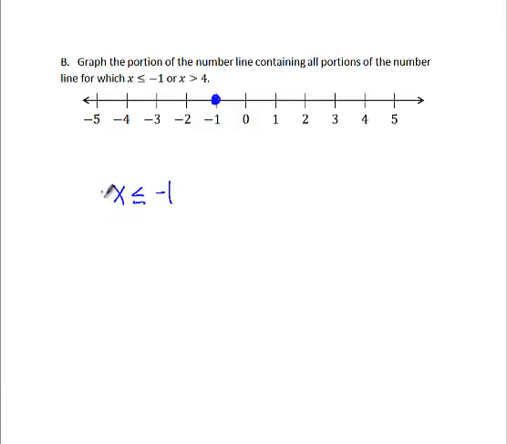And so if I read this from left to right, it would read is less than or equal to, and this or has nothing to do with the compound inequality. This is just what this symbol means, is less than or equal to negative 1. So if x is less, then we shade to the left.